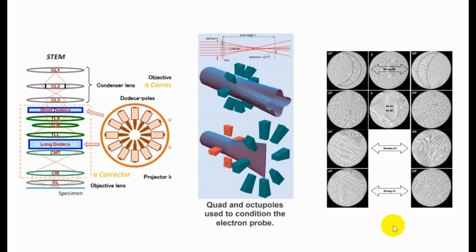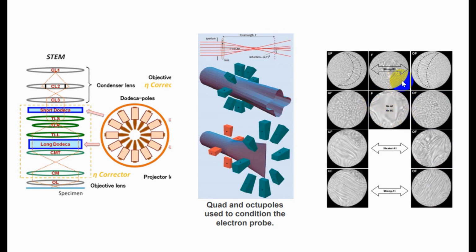If there is a strong A1, then you probably see some elongation along a certain axis. This is basically astigmatism. And if we tune A1 correctly, the elongation can be reduced. If we have A2, it results in non-circular magnification in the Ronchigram.